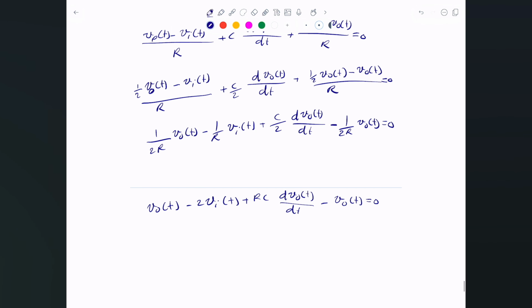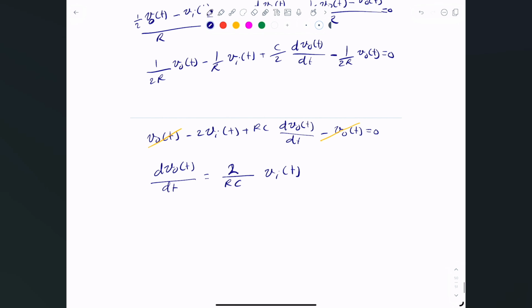All right, do we actually have anything that we can clean? I believe this V output of t and this V output of t will go away. So that leaves us with, let's do it that way, dV output of t divided by d of t equals 1 divided by RC, and I believe that will be 2 Vi of t.